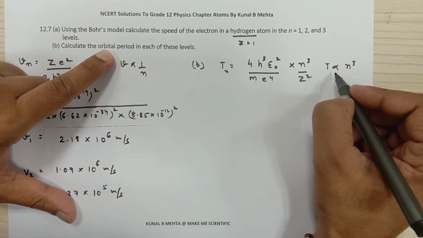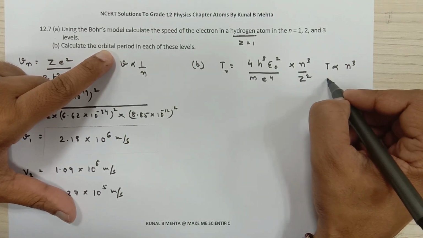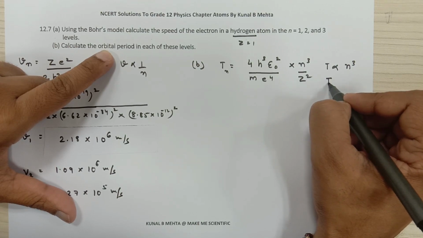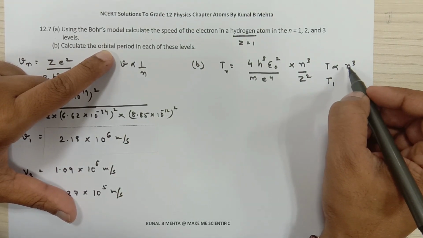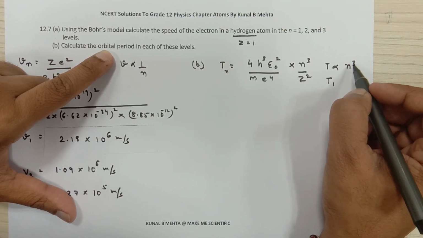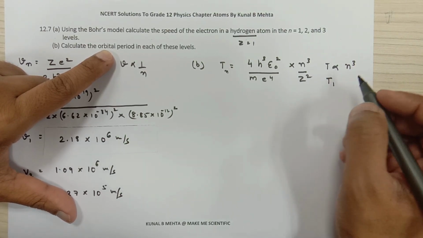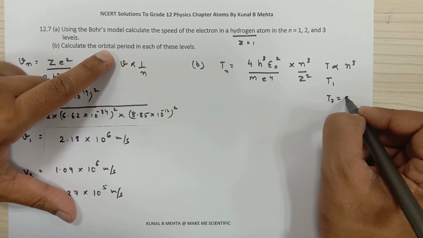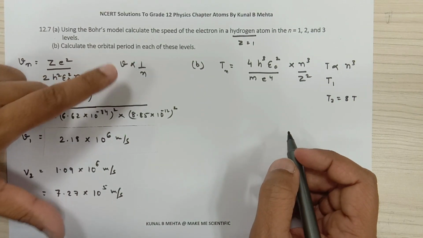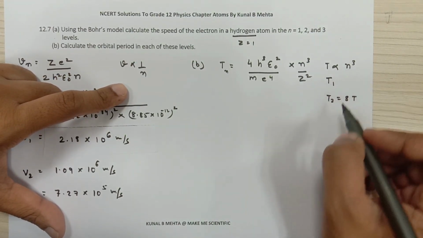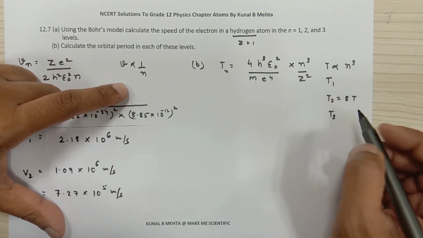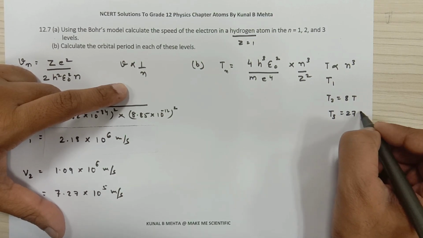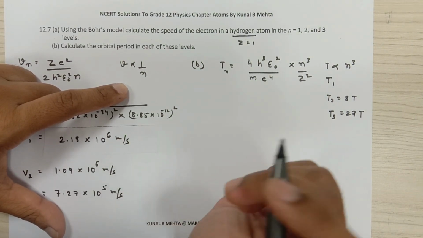Suppose the time period of an electron in the first orbit is t1. For the electron in the second orbit, the time period would be 2 cubed times t1, so 8 times the time period in the first orbit. And the time period of an electron in the third orbit would be 3 cubed times t1, that is 27 times the time period of an electron in the first orbit.